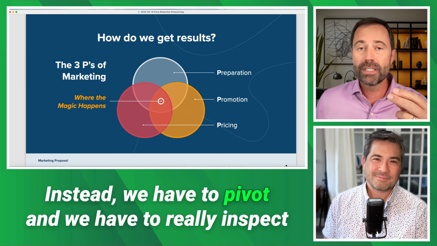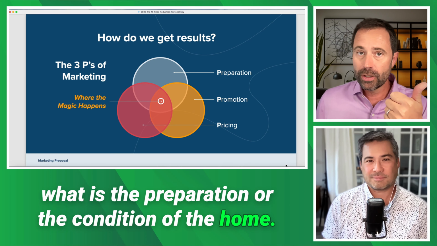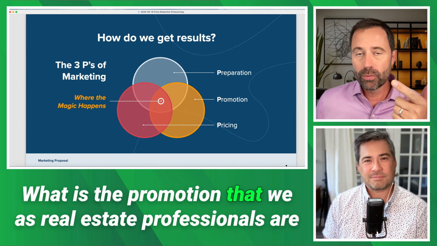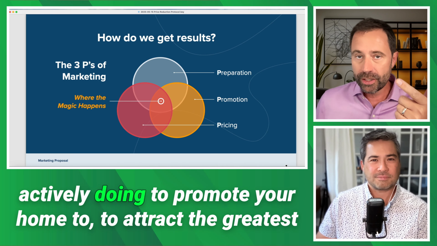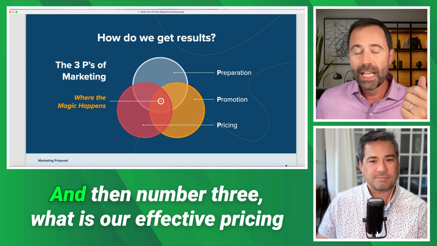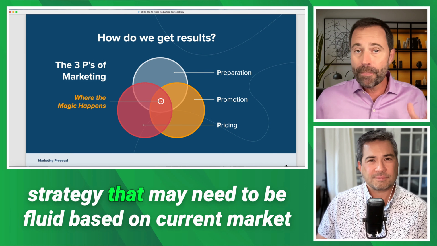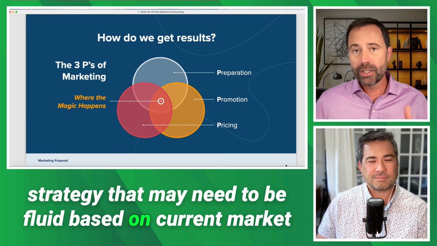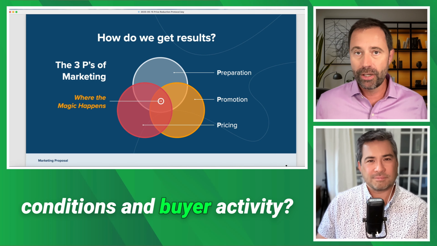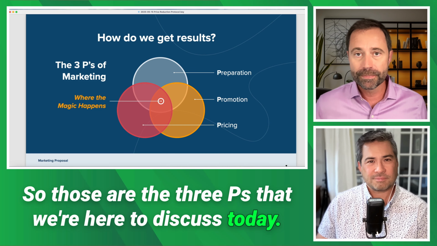Instead, we have to really inspect what is the preparation or the condition of the home. What is the promotion that we as real estate professionals are actively doing to promote your home to attract the greatest number of home buyers? And then number three, what is our effective pricing strategy that may need to be fluid based on current market conditions and buyer activity? So those are the 3Ps that we're here to discuss today.